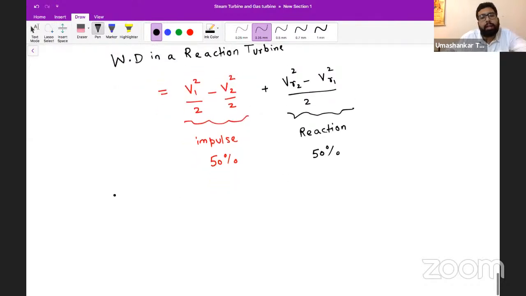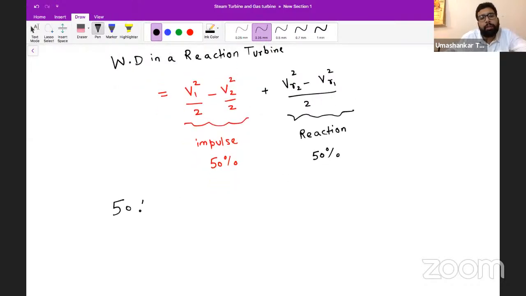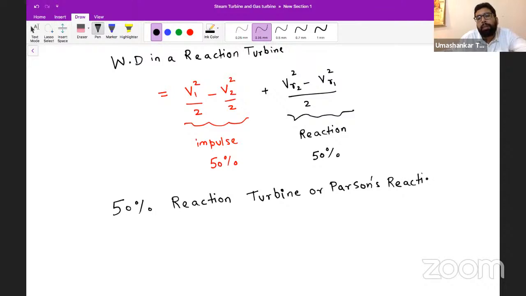That is why it is called a 50% reaction turbine, or you also know it as the Parsons turbine. So the 50% reaction turbine or Parsons reaction turbine is the working turbine we use in general.